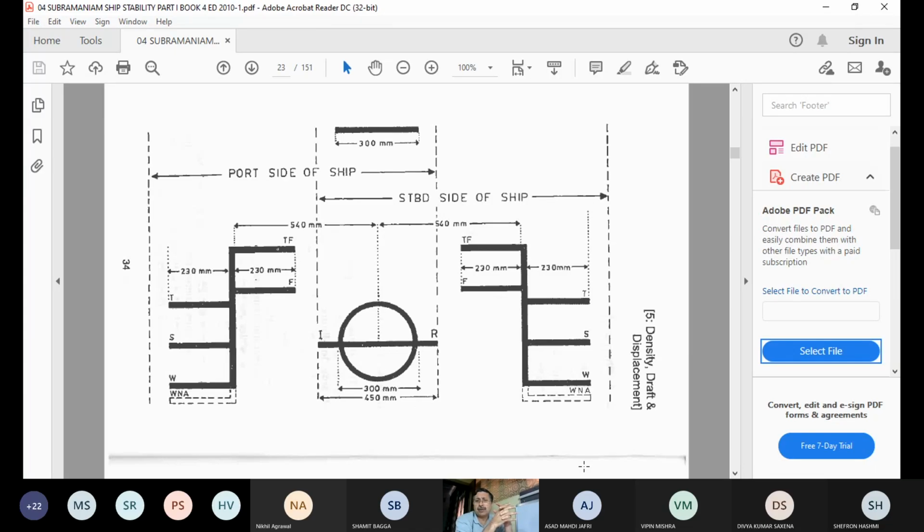So I will finally arrive at Chennai with a draft of summer less consumption. Is this clear? Yes. Okay.